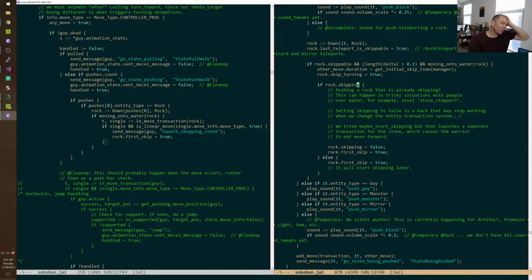So all this first skip stuff and whatever, maybe start skipping launches a separate transaction for the stone, which causes the warrior to not move forward. I'm not sure why that would have happened.